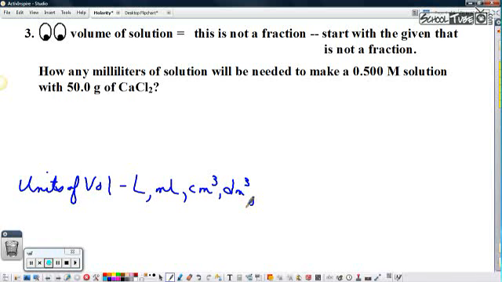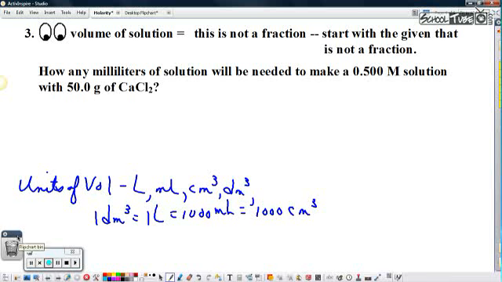Well, one of the equalities for this handout you need is 1 decimeter cubed equals 1 liter, and it's on that front page, is equal to 1,000 milliliters, is equal to 1,000 centimeters cubed.